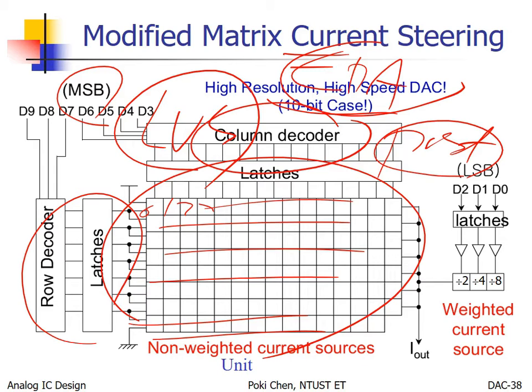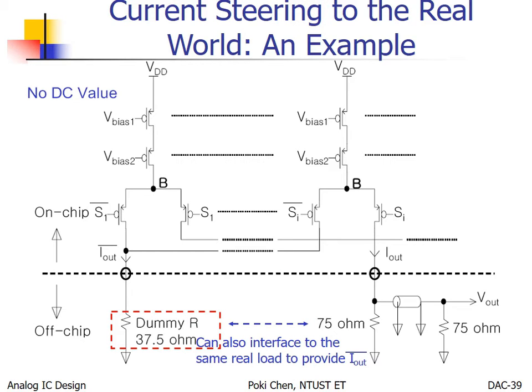No worries, because we will calibrate to make sure all of them provide almost the same output current. So, 2 ways for implementation. One is with very complicated layout, and the other is with complicated circuit design. Nothing is free. You need to pay for it, either with very complicated layout or very complicated circuit. All right, that's it.